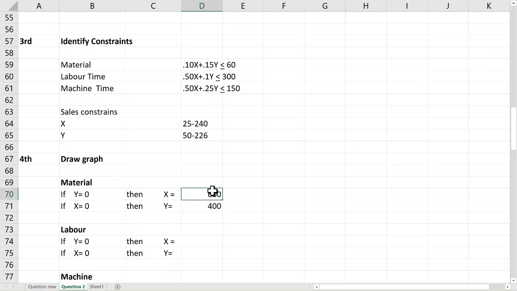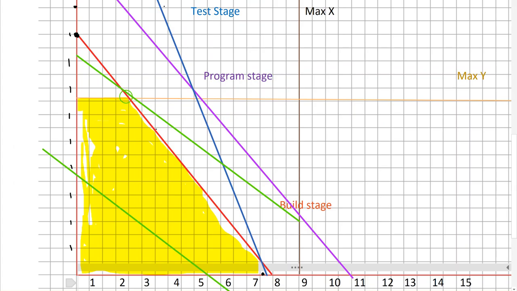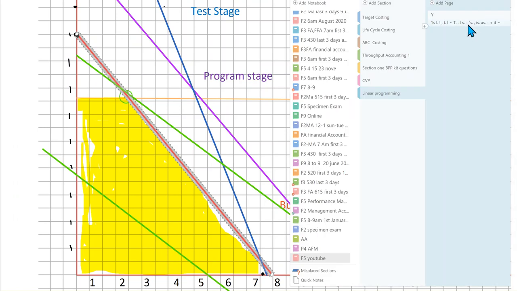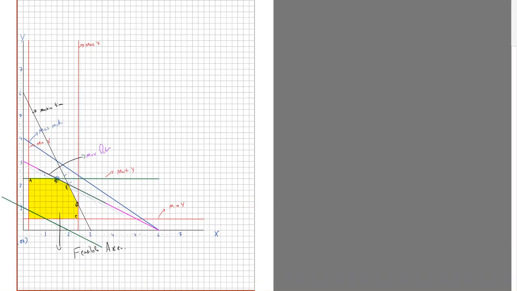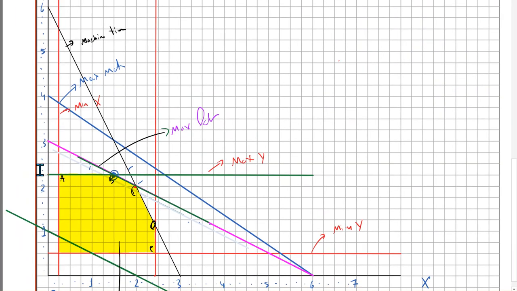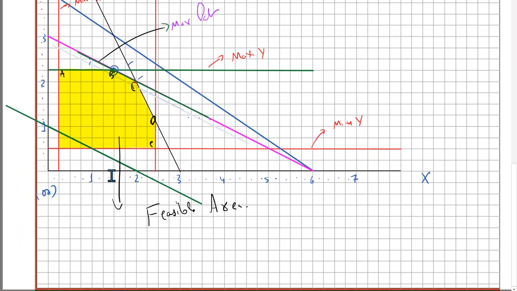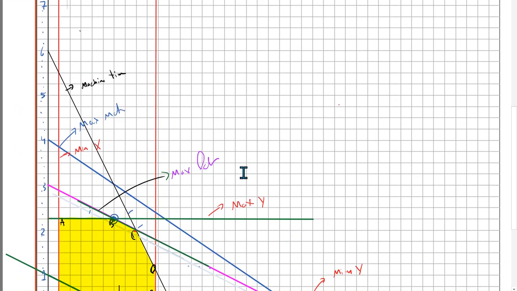So 600 units of X to 400 units of Y. Each number on the axis represents 100, so we have 100, 200, 300, 400, about 4 blocks is 100, each block is about 25. So 600 units of X to 400 units of Y. This is our maximum material line I have written here.